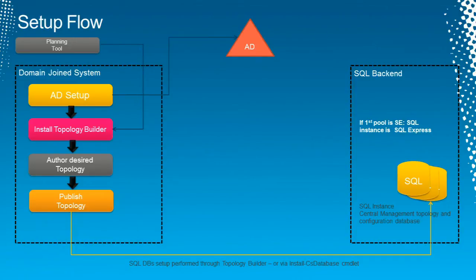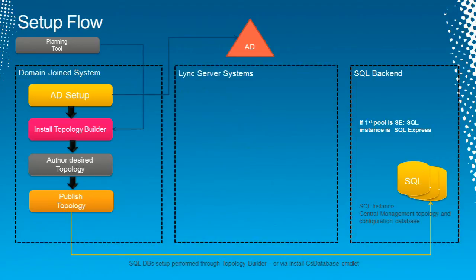If you cannot be a database admin, we have an offline process to create those database tables ahead of time. There's a commandlet called Install-CsDatabase that allows you to create the initial database. That is in case your Lync admin is not your database admin, and you need to delegate that to a different admin.